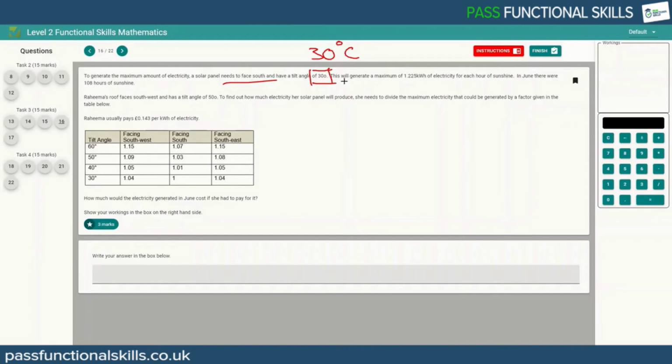We're also told that this will generate a maximum of 1.225 kilowatt hours of electricity for each hour of sunshine. And given that in June there was 108 hours of sunshine altogether.